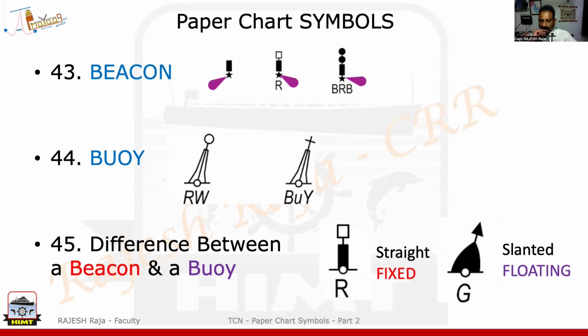The symbol is slanted, and they are called floating. So you should be able to guess a little bit. A lighthouse is called a light beacon, and all the floating ones are buoys. They are floating, and they will have a lot of movement because of wind, waves, tides and currents. So that is the reason.